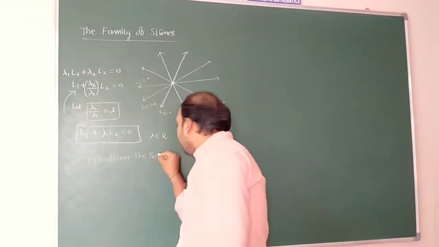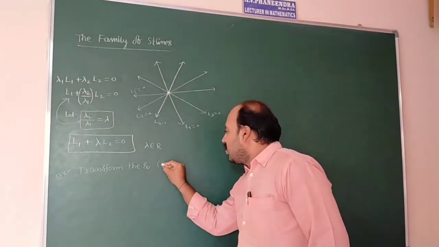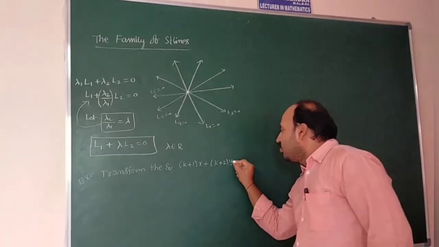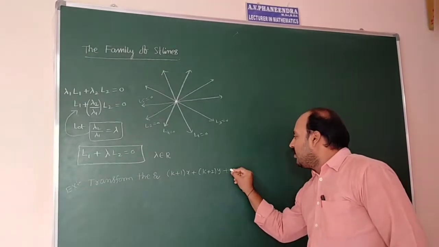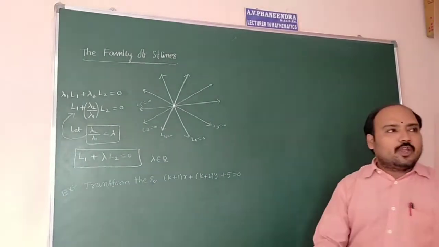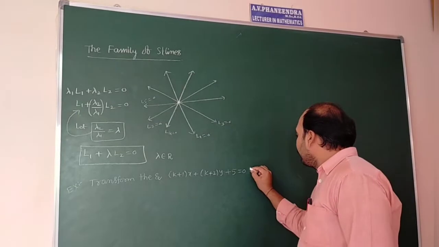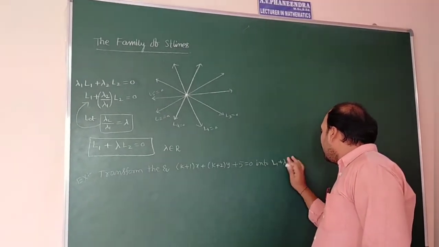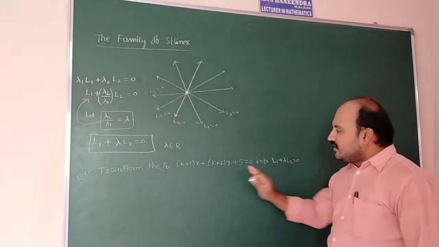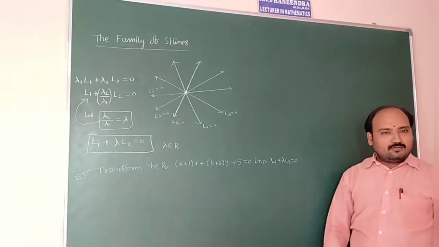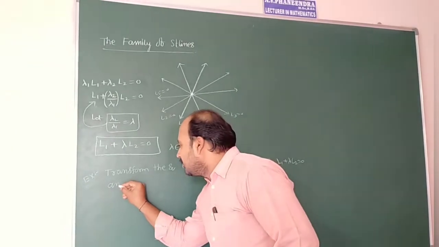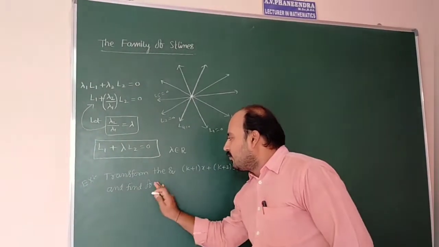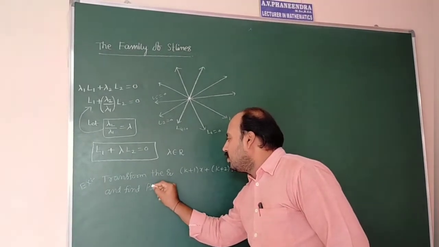Transform the equation (k plus 1) into x plus (k plus 2) into y plus 5 equal to 0 into the form L1 plus lambda L2 equal to 0. We have to make this equation into this form and find the point of concurrency.